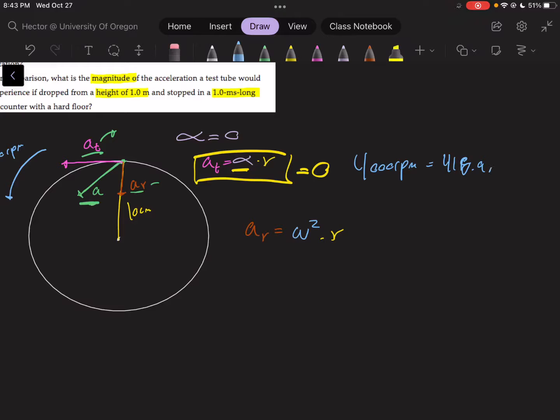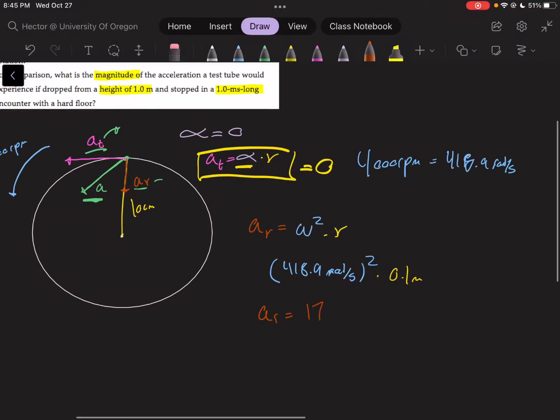18.9 radians a second. We can now simply just plug and chug away. So our centripetal acceleration comes out to be 17,547.7 meters a second squared.